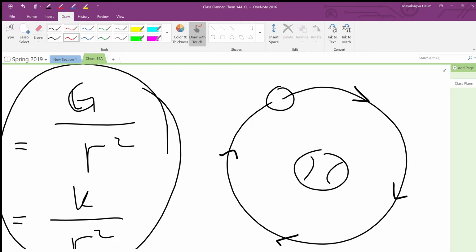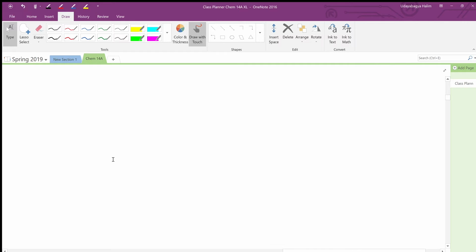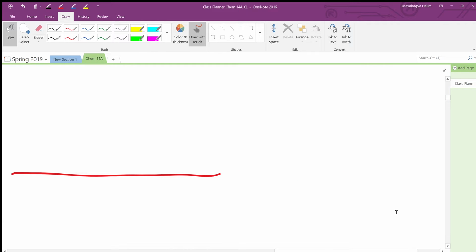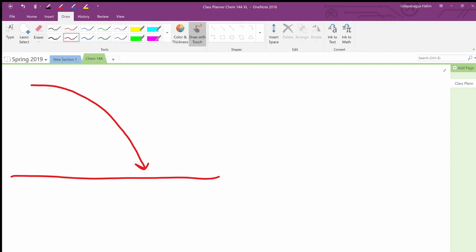So if you have the ground, and if I simply toss something towards the ground, we know it's going to fall down. But the problem is that because the distance between the moon and the Earth is so far away, we have the Earth here and the moon is right here.